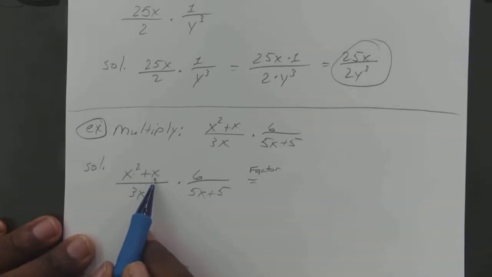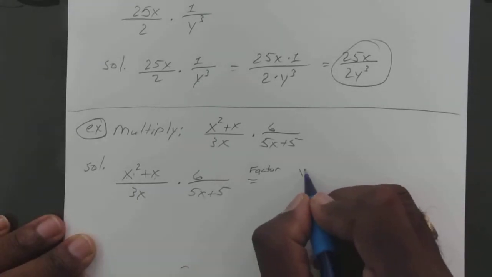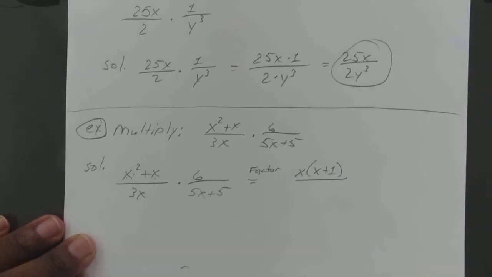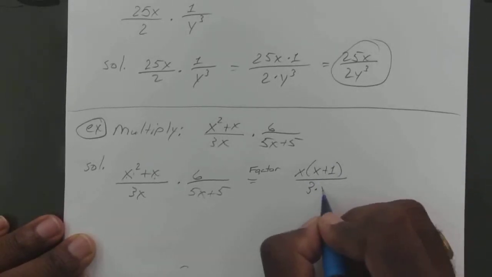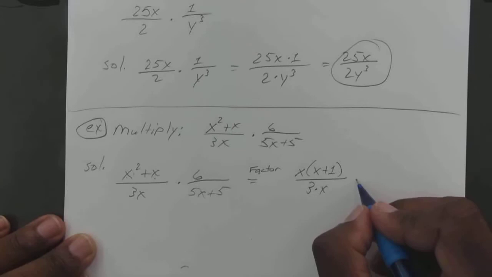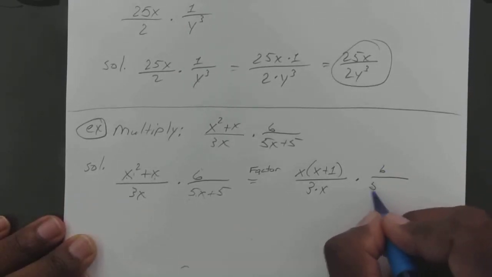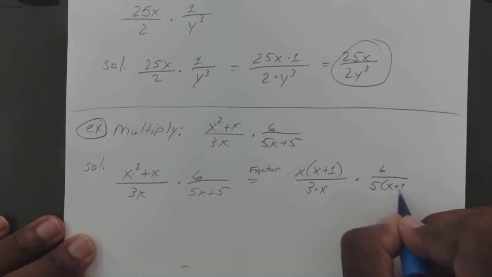Okay, so x squared plus x, you can factor an x out of both of those. So you have x times x plus 1 over 3 times x, times 6 over, you can factor 5 out of both of those, so you have 5 times x plus 1.